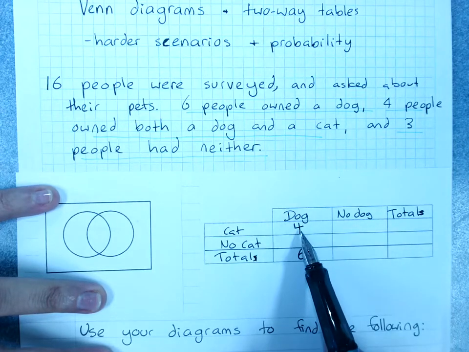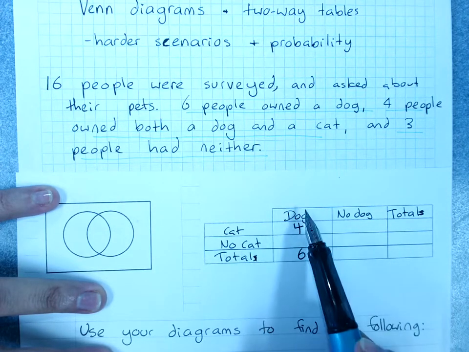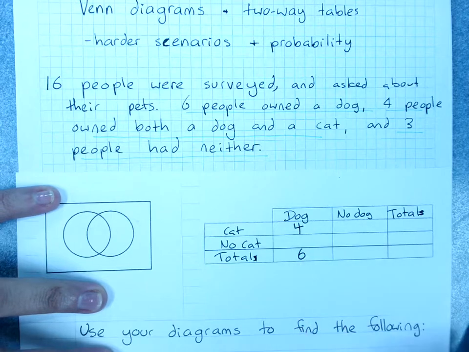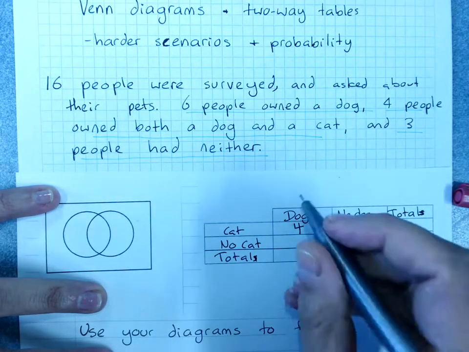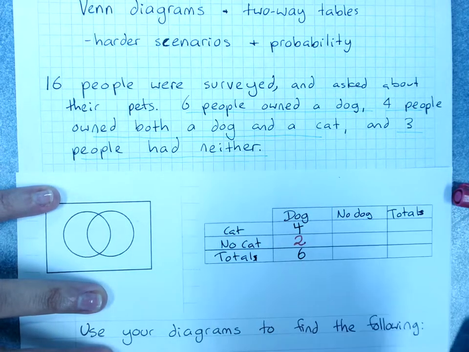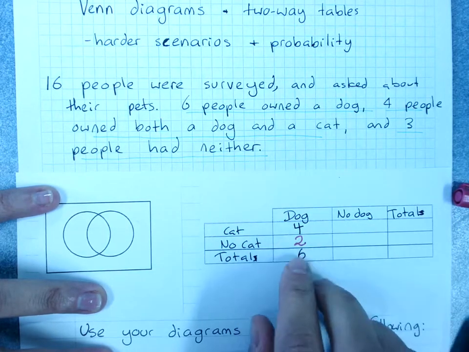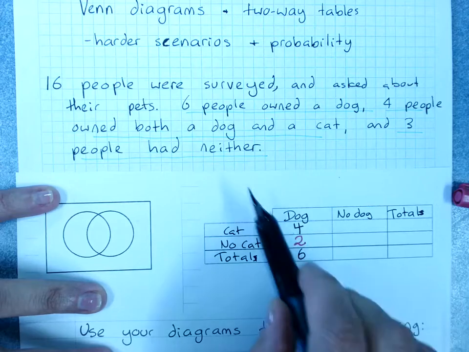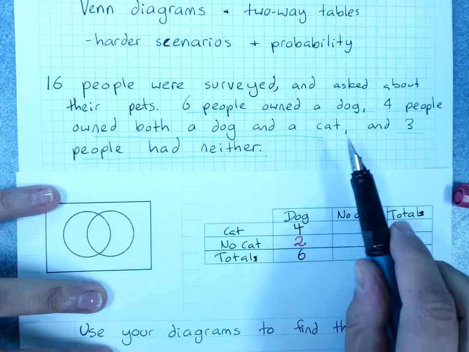If 4 people owned both a dog and a cat, and 6 people owned a dog, then 2 people must own a dog but no cat. Now, you don't have to start making your calculations until you've got all the numbers in.